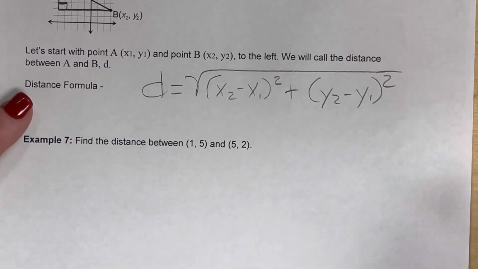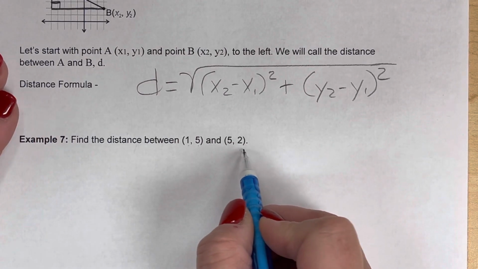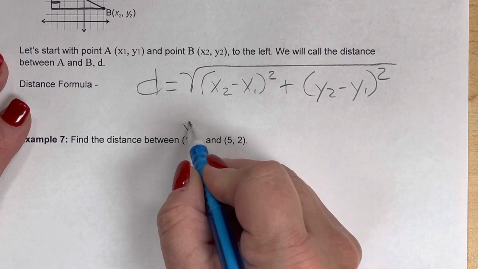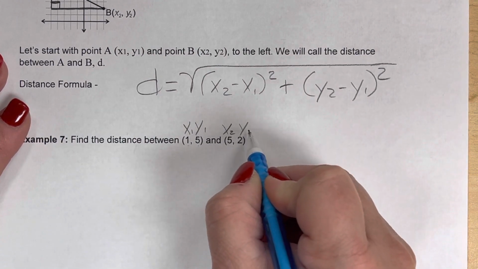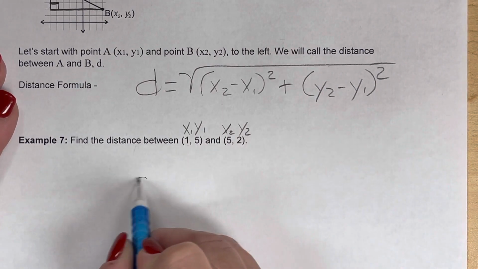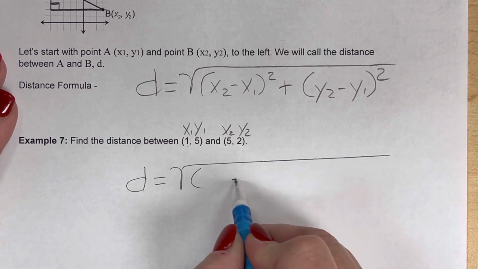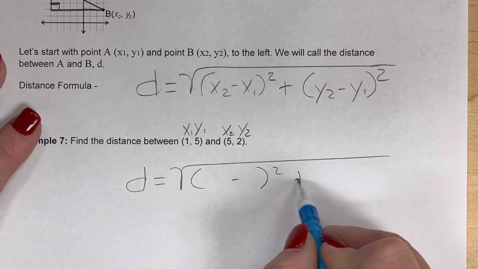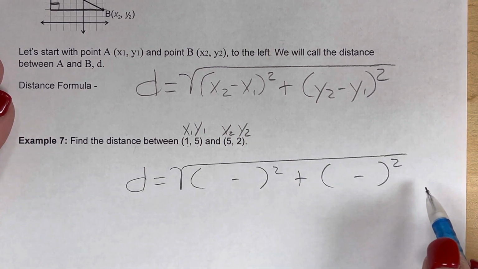Okay, so on this last example, find the distance between 1, 5 and 5, 2. This is going to be my x1 and my y1. This would be my x2 and my y2. Yes, I would really appreciate it if you would label, because then all you have to do is plug it in. And I know I'm old-fashioned, but I like to go ahead and set it all up. And then all I have to do is plug in the numbers.